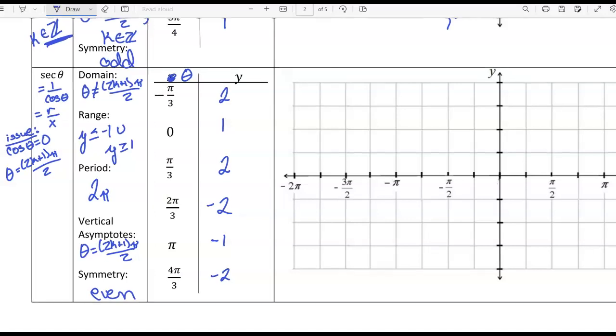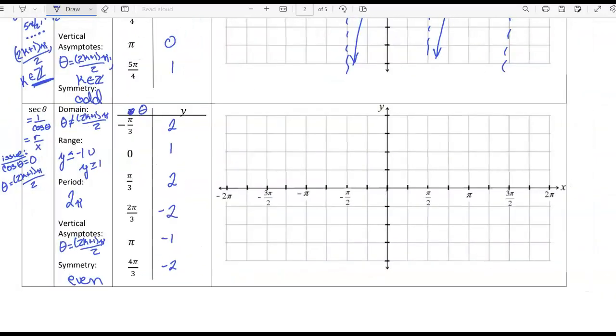So when I graph this on my plane over here, I'm going to start by graphing those vertical asymptotes. We know they are odd integer multiples of pi over 2. So we're thinking pi over 2, 3 pi over 2, even negative pi over 2, and negative 3 pi over 2, and so on.